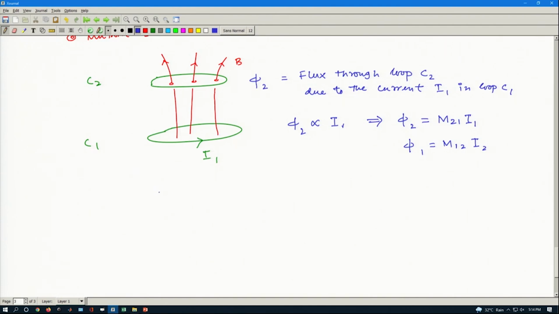Now, M21 and M12 are constant quantities, and these are called the mutual inductance.